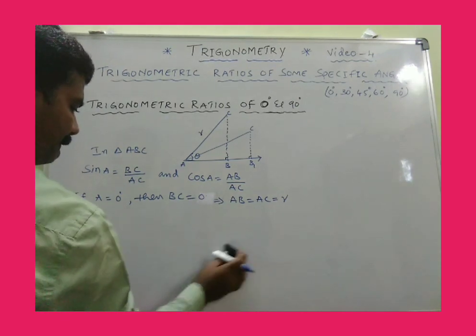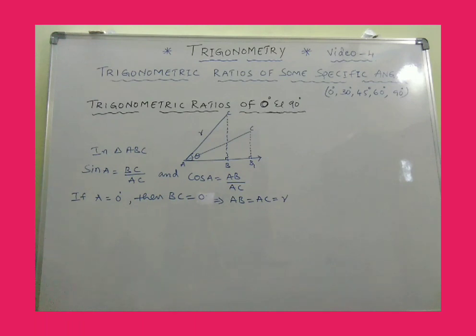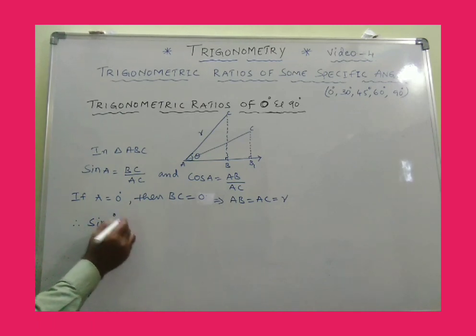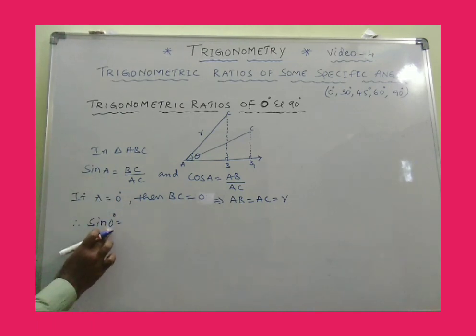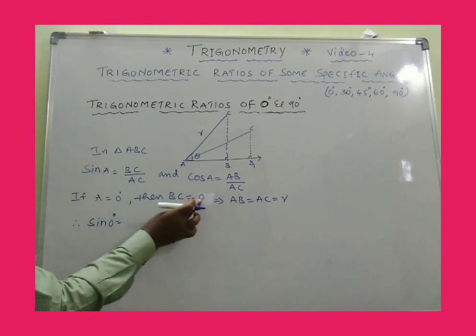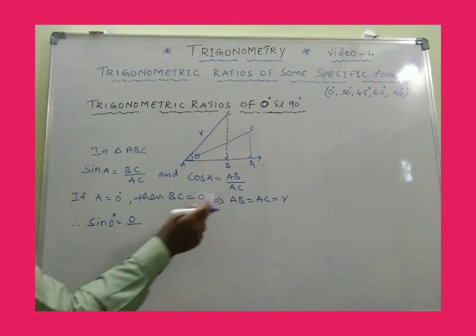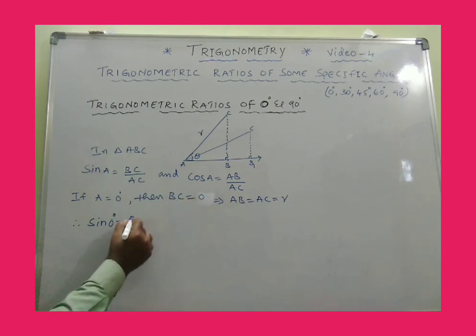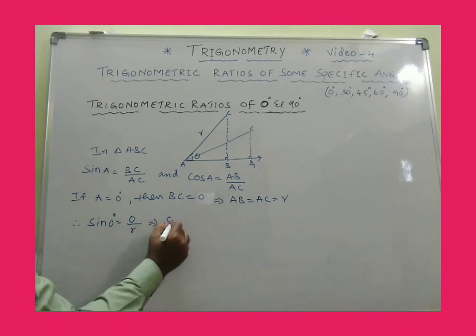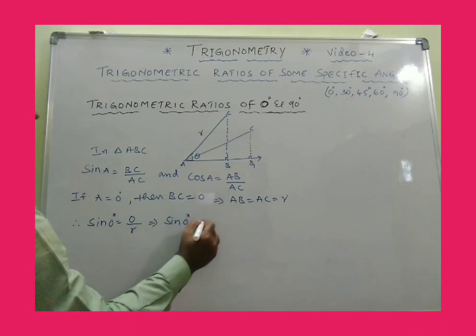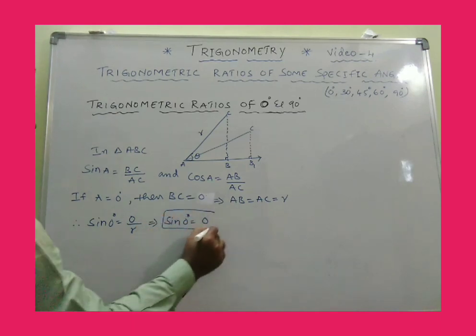Okay. So let us see. Therefore sin 0 degrees is equal to, A is now 0 degrees, BC, what is BC? 0, by AC which is R. 0 by anything is 0. That means sin 0 degrees is equal to 0.